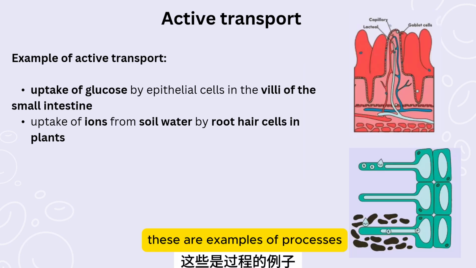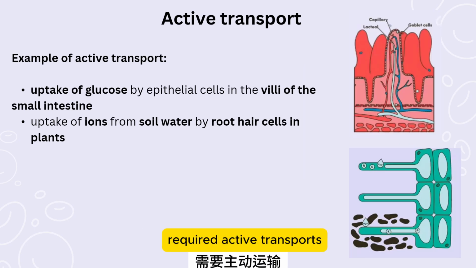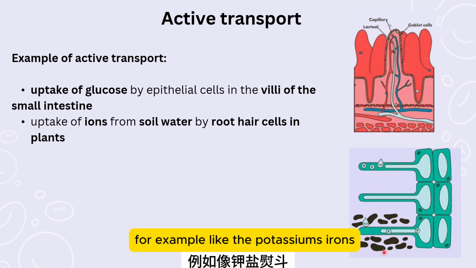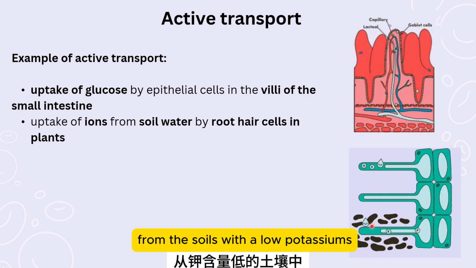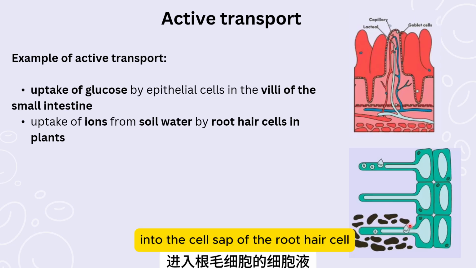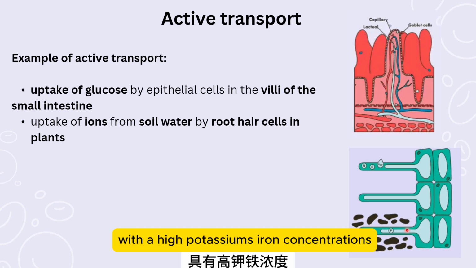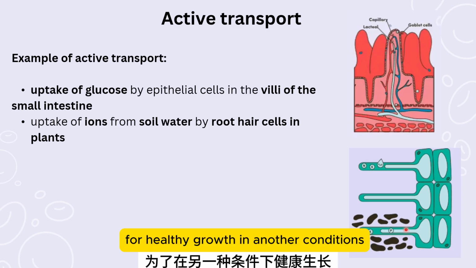These are examples of processes that require active transport. The root hair cell uses active transport to pump in mineral ions, for example potassium ions, from the soil with a low potassium ion concentration into the cell sap of the root hair cell with a high potassium ion concentration for healthy growth.